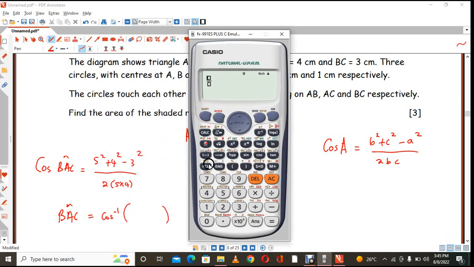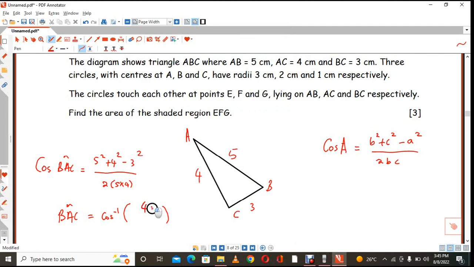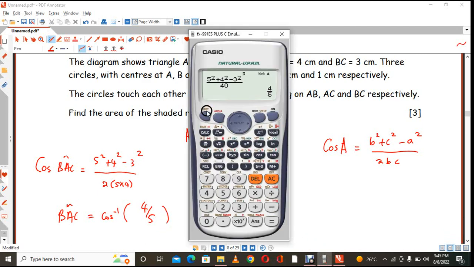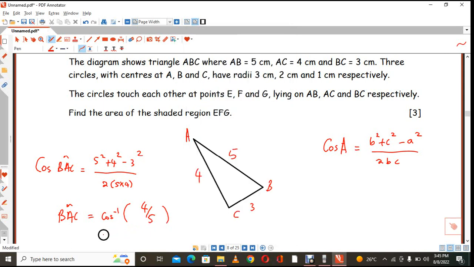Doing that, 5 squared plus 4 squared minus 3 squared is 32, over 5 times 4 times 2, which is 40. So that gives me 4 over 5. If you now take the inverse cosine of that answer, you get 36.869, and so it continues.